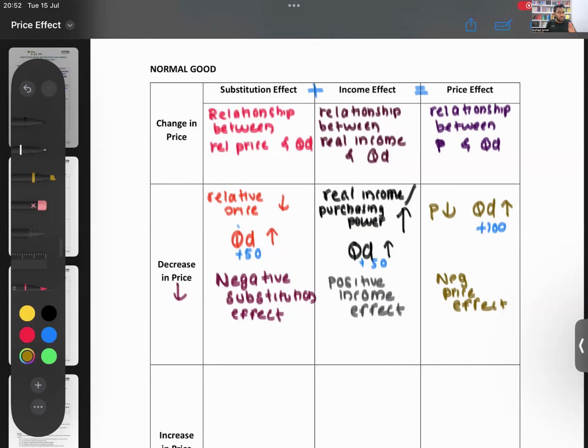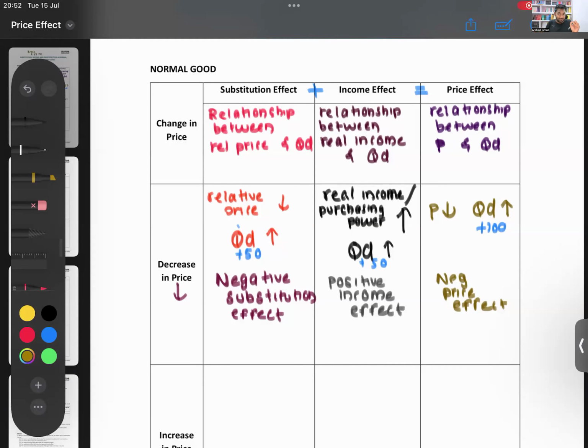Then same thing, now you can write for income effect. Relative price talks about the price of the concerned good compared to the other goods. So income effect, same story. You can say for a normal good, when the price of the good decreases, what happens? Consumers' real income will increase. In other words, consumers' purchasing power will increase.